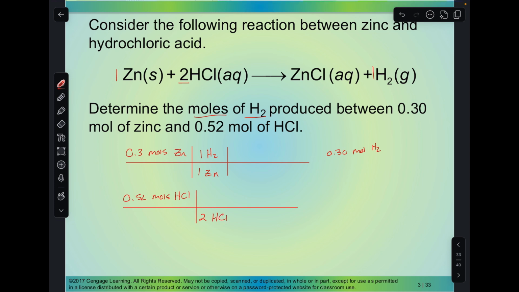For every 2 HCl, we will give 1 H2. And so 0.52 divided by 2 is going to be 0.26 moles of H2 produced from HCl. So HCl is going to be our limiting reagent because it makes fewer moles of H2 compared to the starting material.